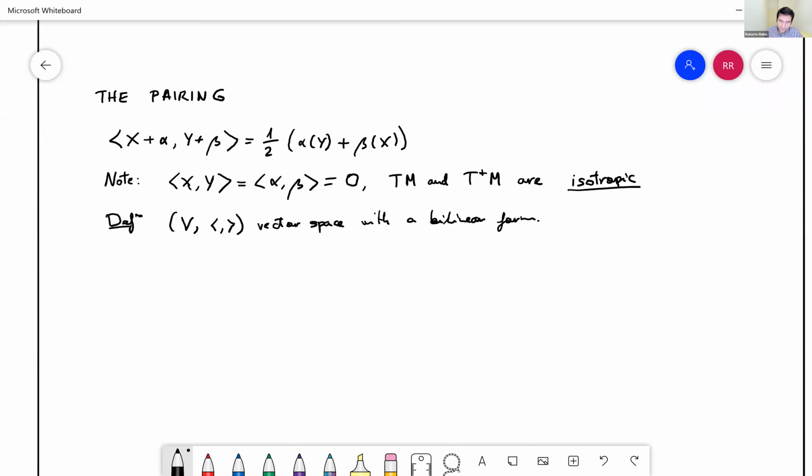Don't say inner product, I just need a bilinear form. So a subspace of this is isotropic if for any two vectors that I take in that subspace, the product is 0.